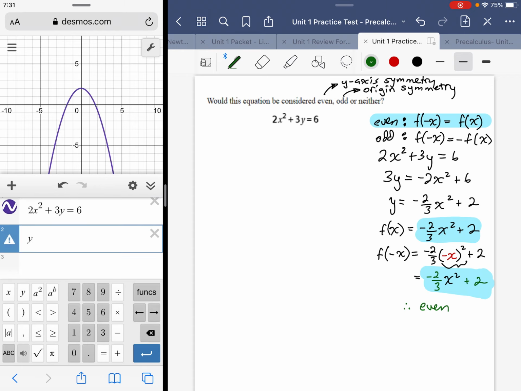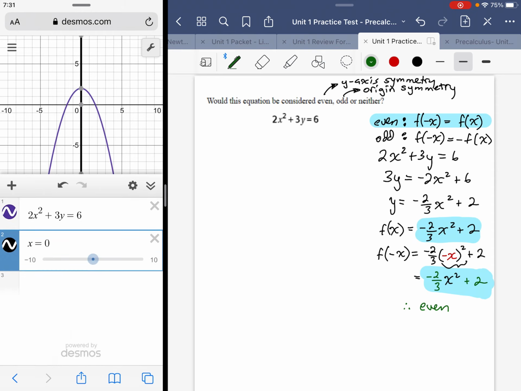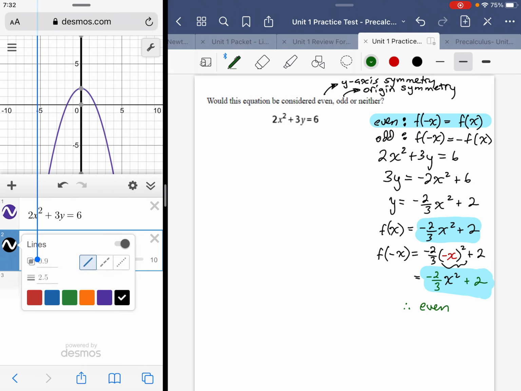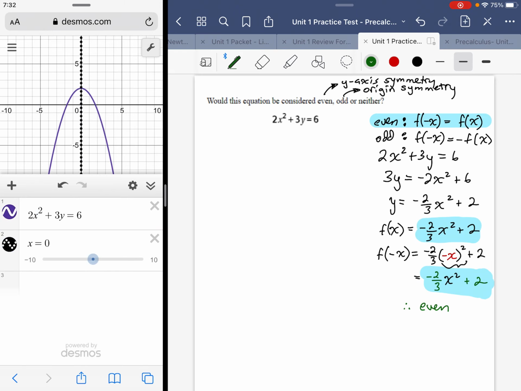So if I plot x equals 0, to plot the y-axis, I'll make it a nice dotted line, if it'll let me. Come on, touchscreens. If I were to fold the left part of this graph over the y-axis, it would merge with the right side. If I took the right side and folded it over the dotted line, it would merge with the left side.